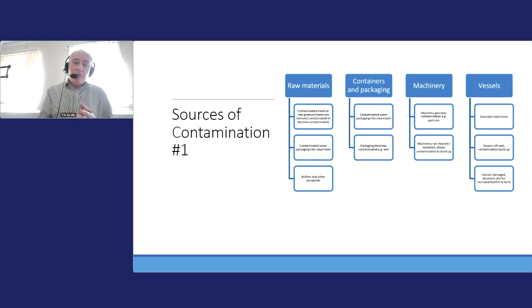So we would need to include, for example, an assessment of incoming raw materials, and here we would need to know we're buying them from a reputable vendor, that they're of appropriate pharmaceutical grade, and we would have to determine certain limits for bioburden, whether we had a concern about objectionable microorganisms, and also potentially endotoxin.